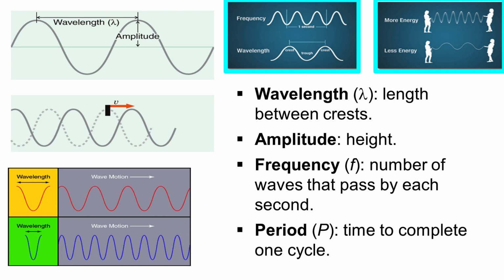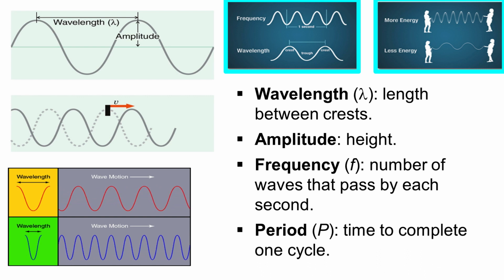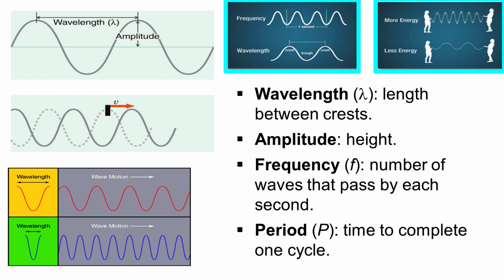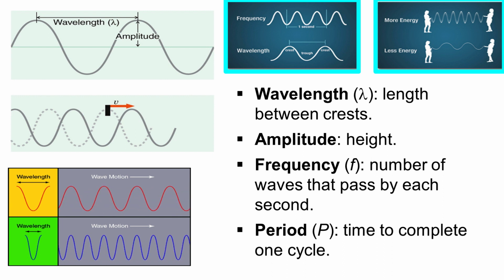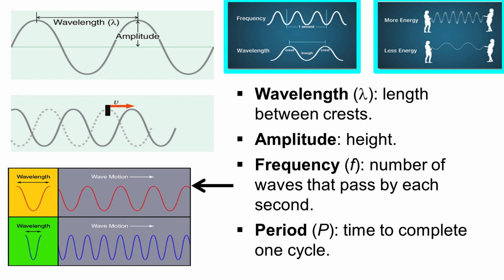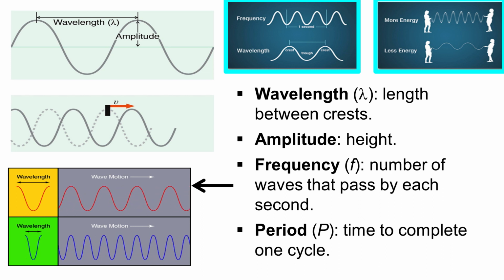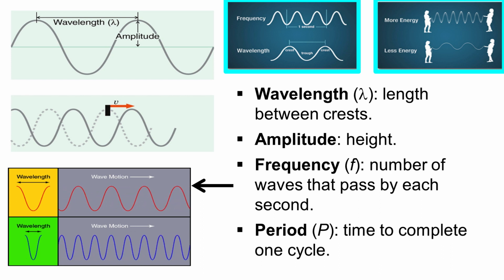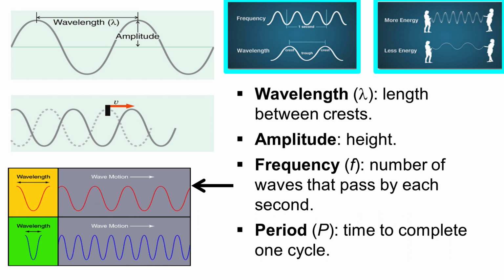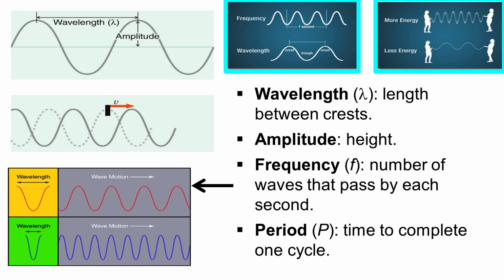Look, these are two different lights. One is red with a longer wavelength and the other is blue with a shorter wavelength. Let's count the frequency for this red light. Frequency is the number of waves that pass per second. So 1, 2, 3, 4, 5.